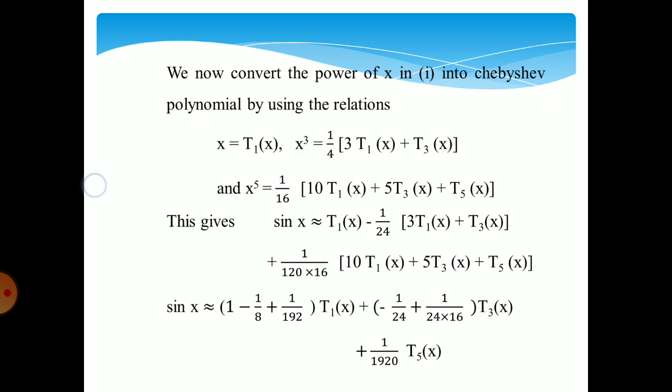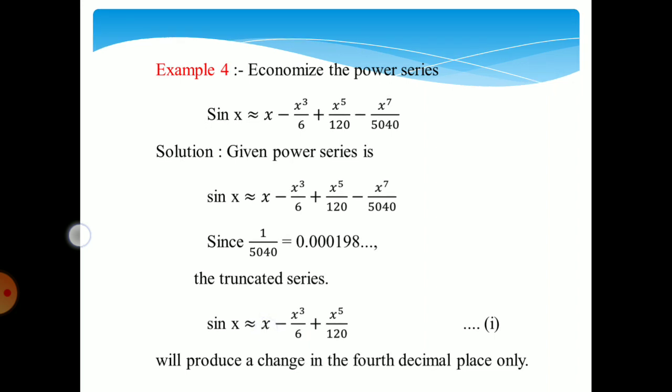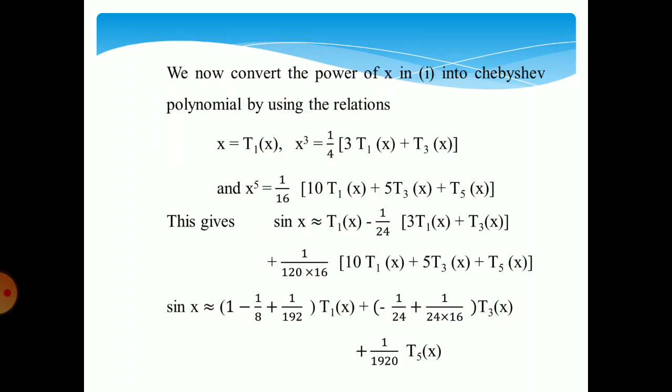We now convert the powers of x in terms of t and x. That means in this series we shall write the value of x, then the value of x cube and the value of x raised to 5 by using values of powers of x in terms of t and x.